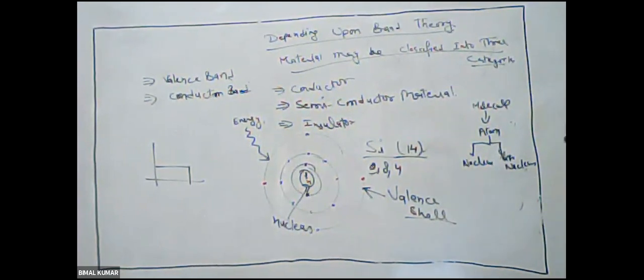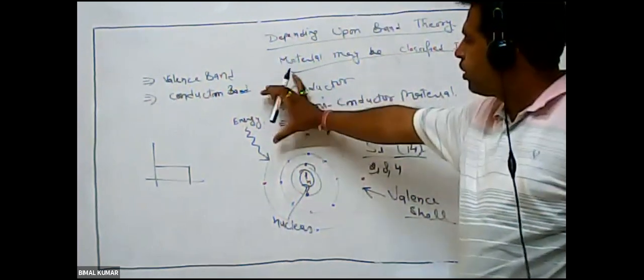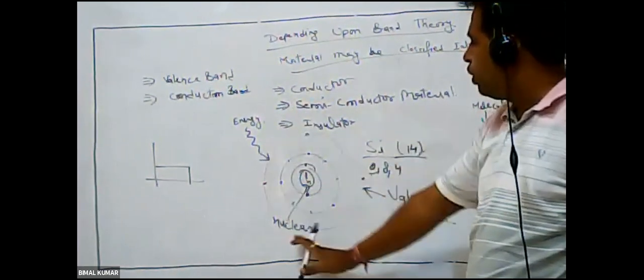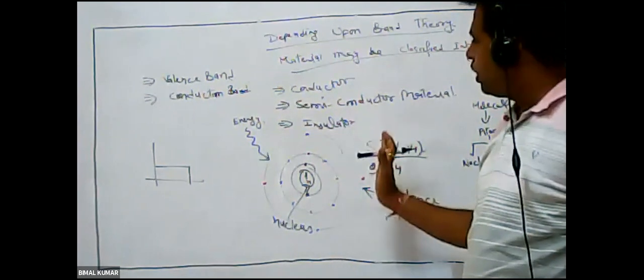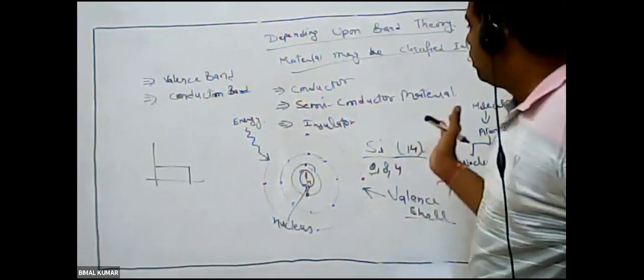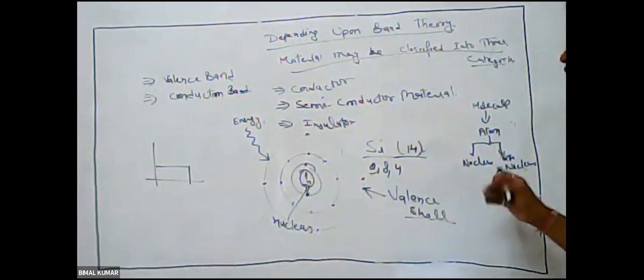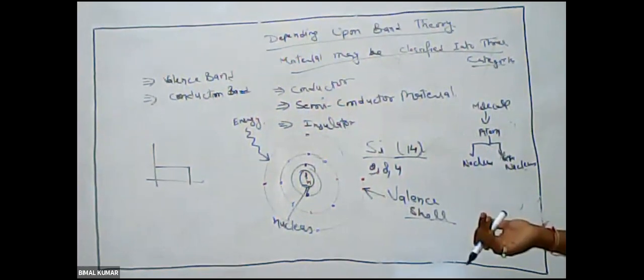So by supplying some amount of specific energy, the last orbit electrons become free to move. After that, we say that electrons are moved from the valence shell or valence band to the conduction band.